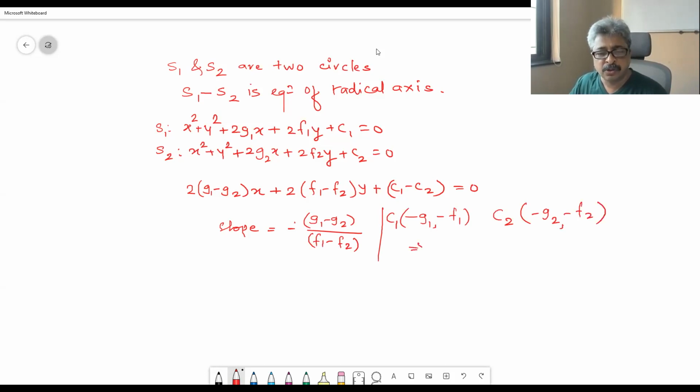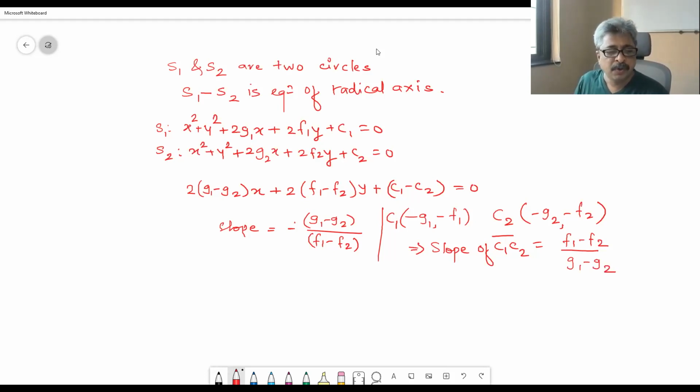Therefore, slope of C1C2 is (y2 minus y1), that is (f1 minus f2) upon (g1 minus g2). So product of these slopes is minus 1.